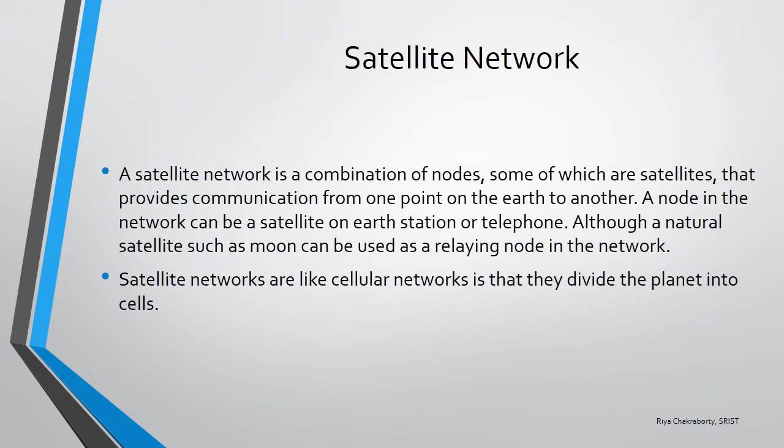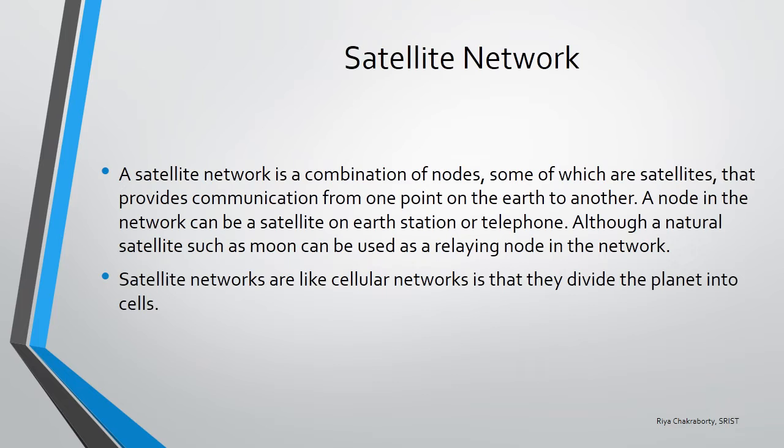Now, the next part is the satellite network. A satellite network is a combination of nodes, some of which are satellites, that provides communication from one point on the earth to another. A node in the network can be a satellite, an earth station or a telephone.